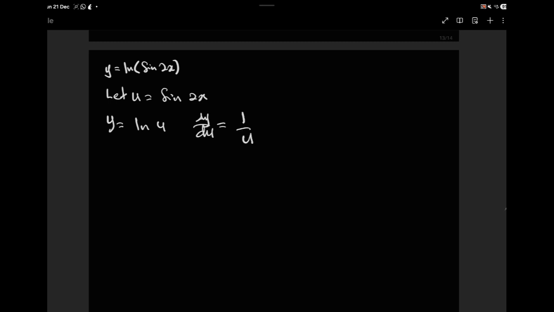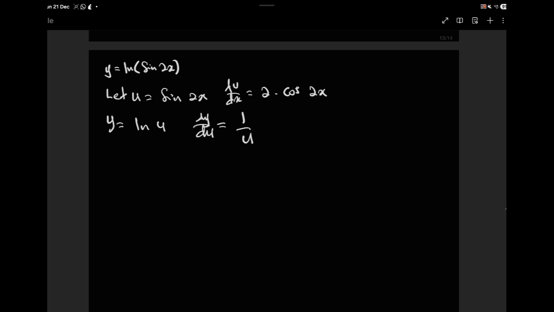And we have dy du times du over dx. So for du over dx, we are going to differentiate sine 2x, which means that we have 2 times cos 2x.